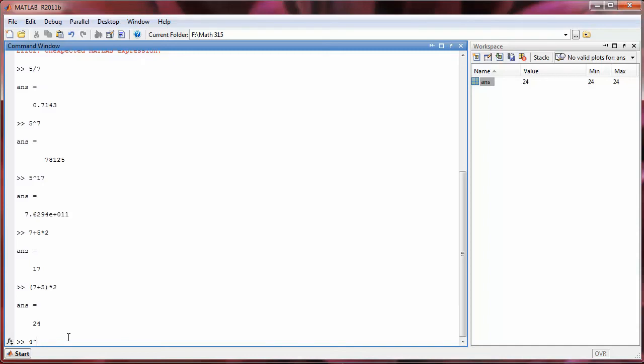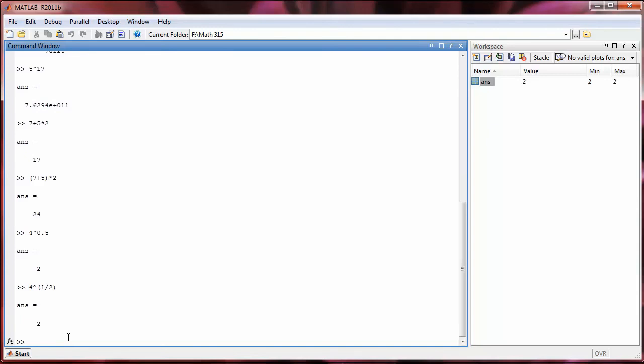Now I can either do this as 0.5, and in that case I don't need any parentheses, or if I wanted to instead represent 1/2 as the fraction 1/2, I could do 4 raised to the, and then in parentheses 1 divided by 2. So note here you do need the parentheses so that Matlab knows to divide 1 by 2 before putting that in the exponent.